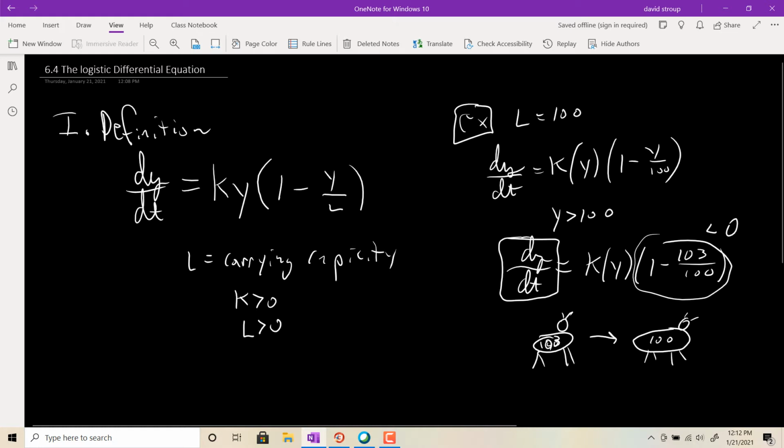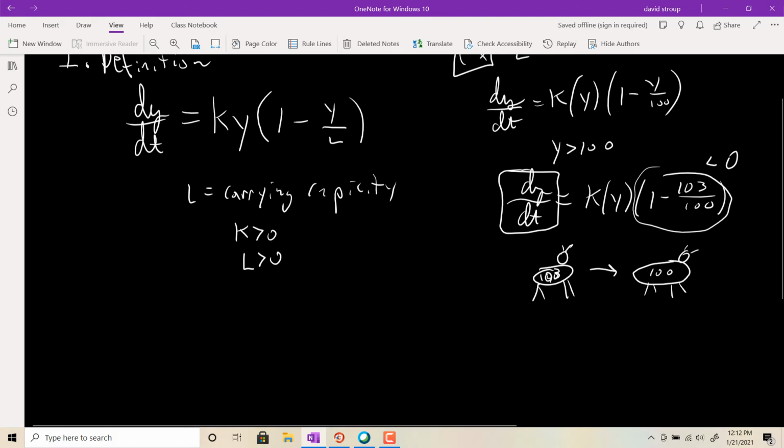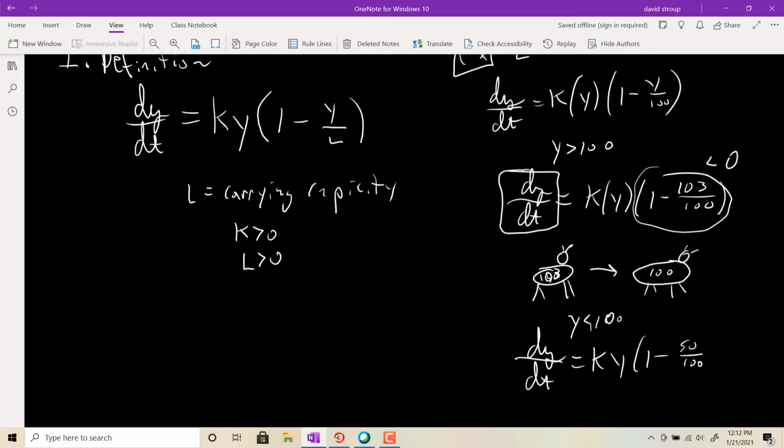Then if the population goes less than 100, it's going to be a growth, because that factor will be positive, ky times 1 minus like 50 over 100. This factor will be greater than 0.